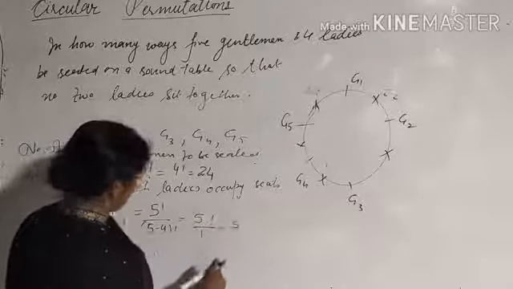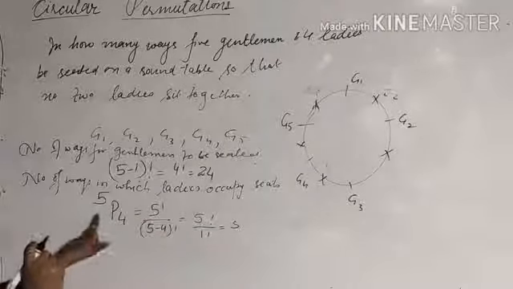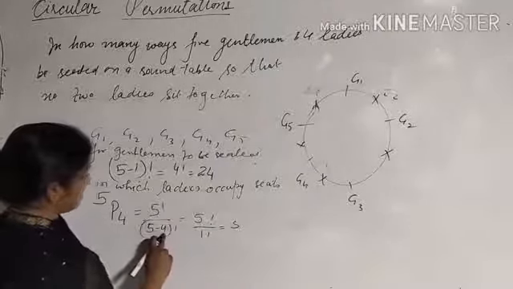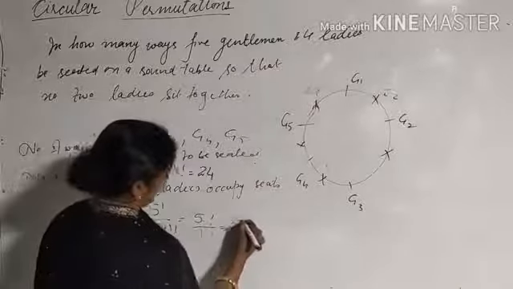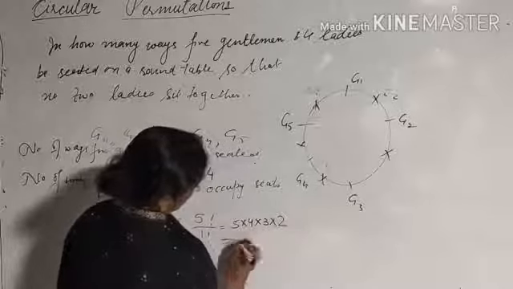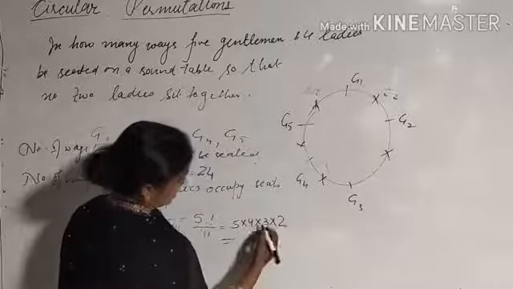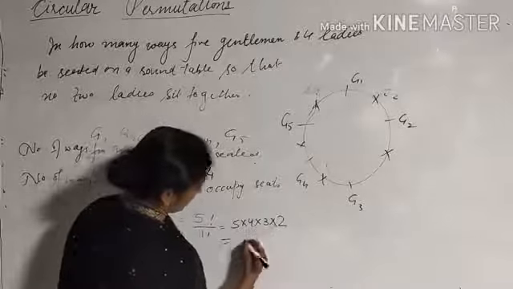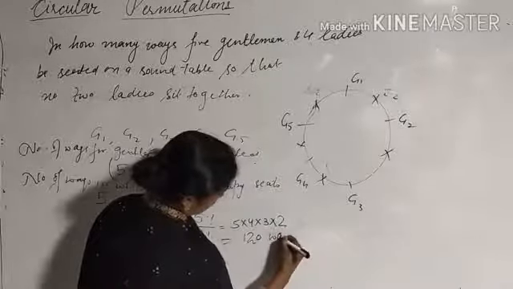So this is 5 factorial upon 5 minus 4 factorial. So 5 factorial upon 1 factorial, that is 5, 4, 3, 2, which is 120 ways.